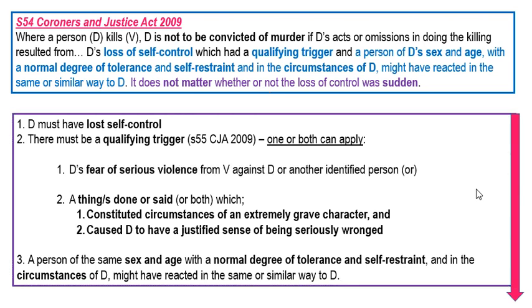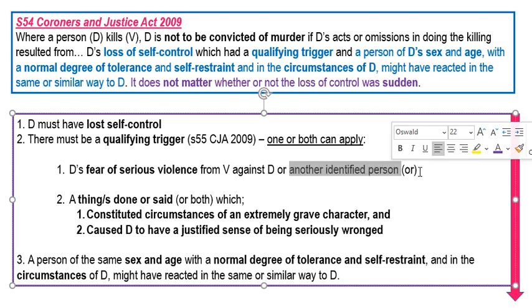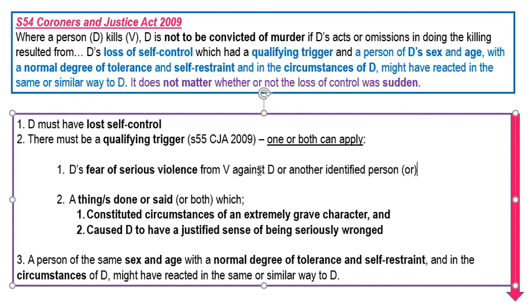Okay? Does the defendant fear that the victim is going to inflict some serious harm on them? Okay? Are they threatening to, I don't know, beat them to a pulp, stab them, or do something in that moment in time? Are they threatening to stab their best friend, brother, partner, mother? Because remember, it could also be another identified person.